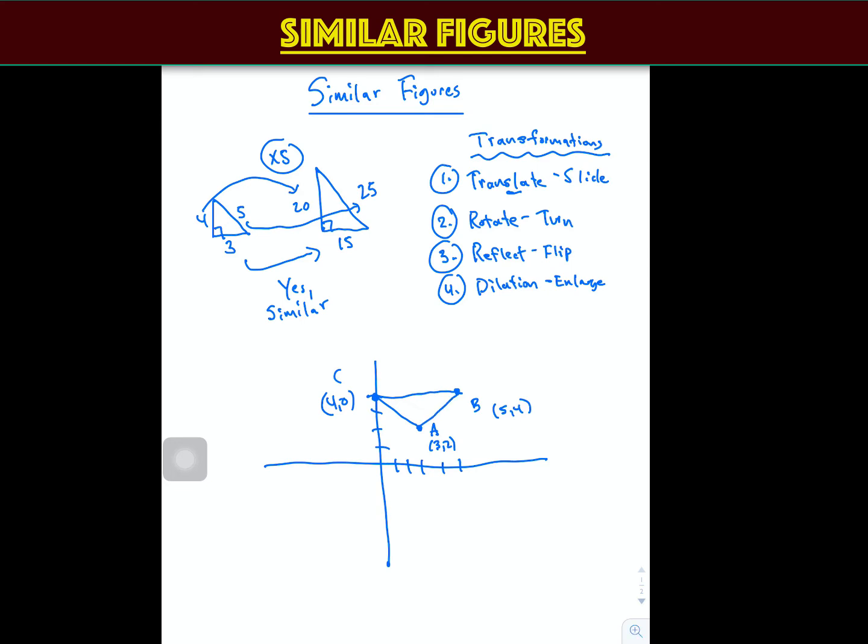And the question might ask us to enlarge triangle ABC so that triangle ABC and triangle A'B'C' are similar. Might also give us 2 triangles and ask if those triangles are similar. In this case, it just asks us to enlarge, so we can choose any ratio.